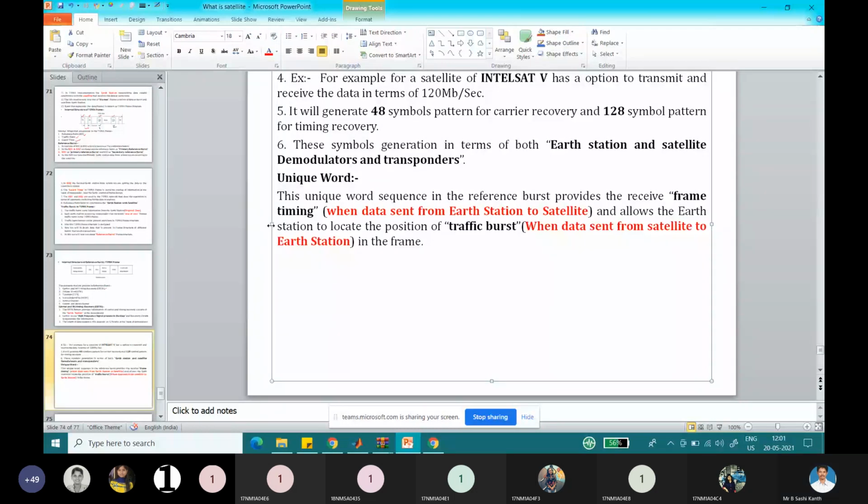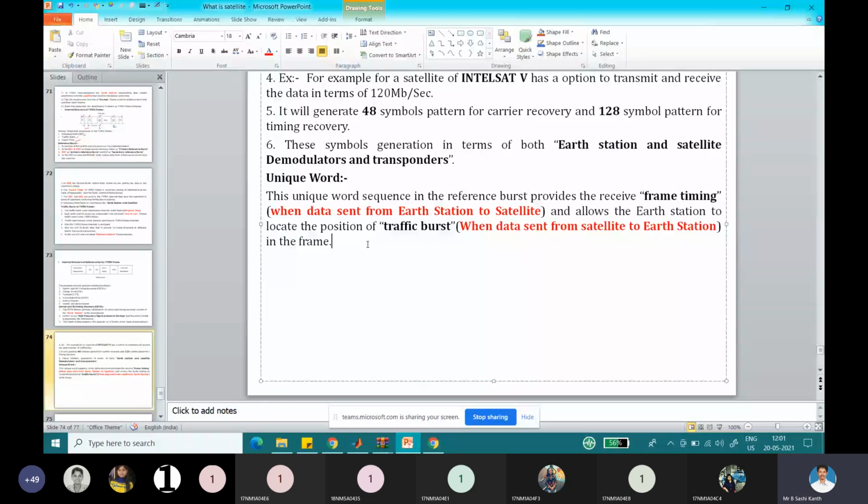So the unique word is providing two things: receiving the frame timing when the data is sent from the earth station to the satellite, and allowing the earth station to locate where the traffic burst is present in the frame when data is sent from the satellite to the earth station.